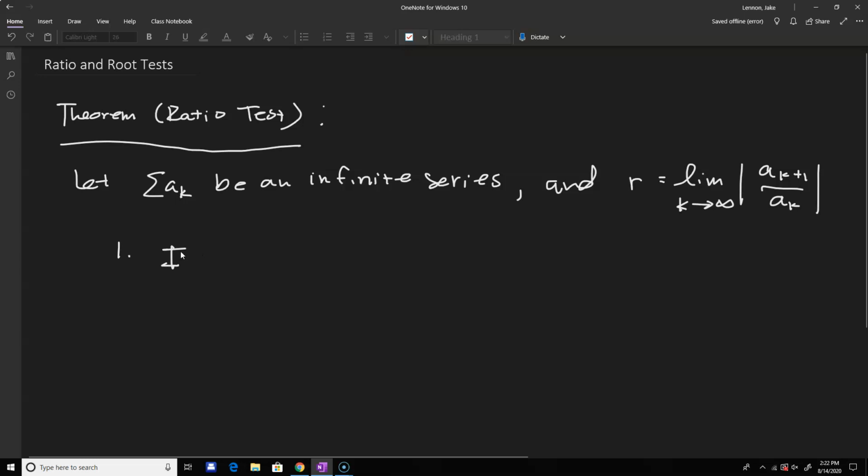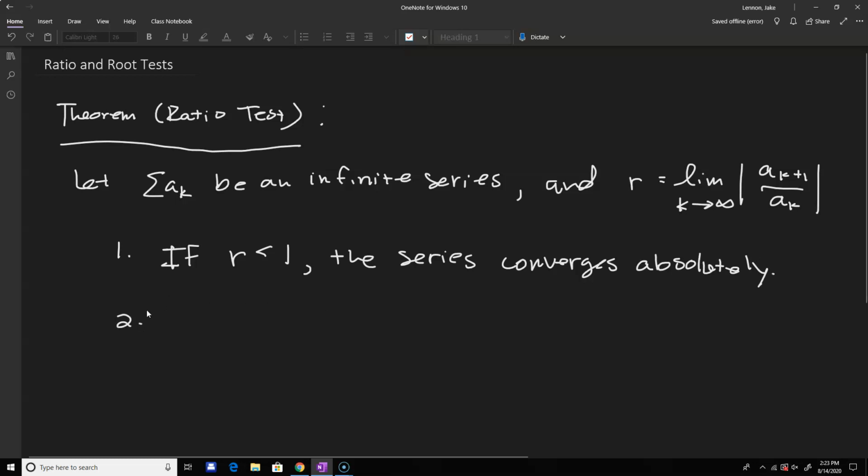So if this limit turns out to be less than 1, the series converges absolutely. And therefore it converges conditionally as well. Let's remember the stronger notion of convergence. If R is greater than 1, the series diverges.